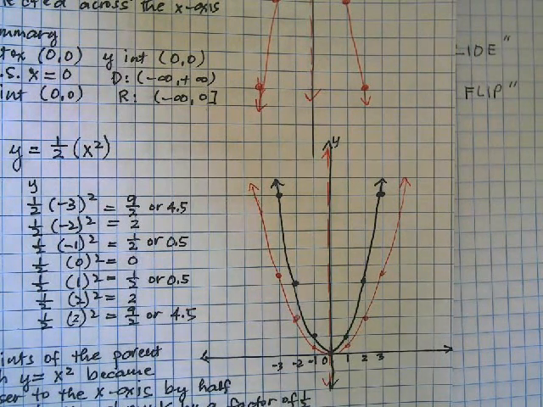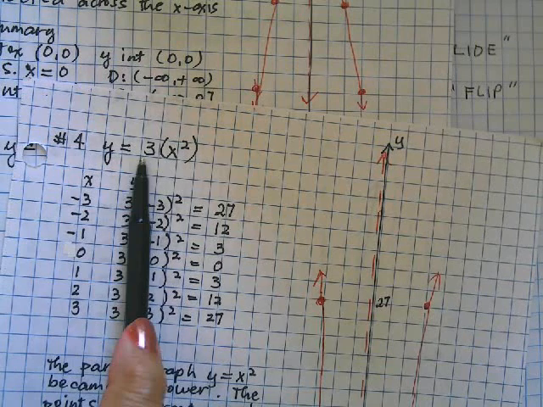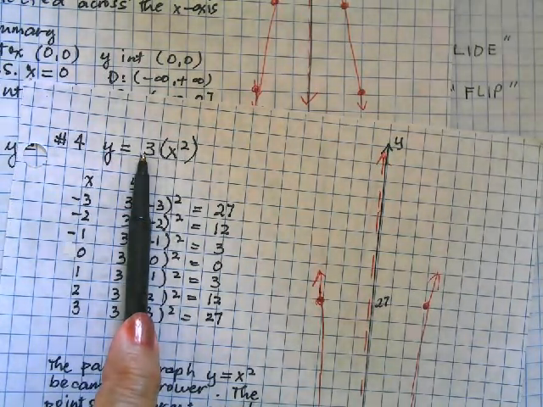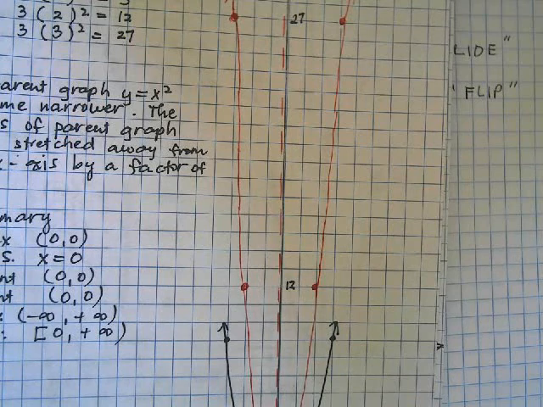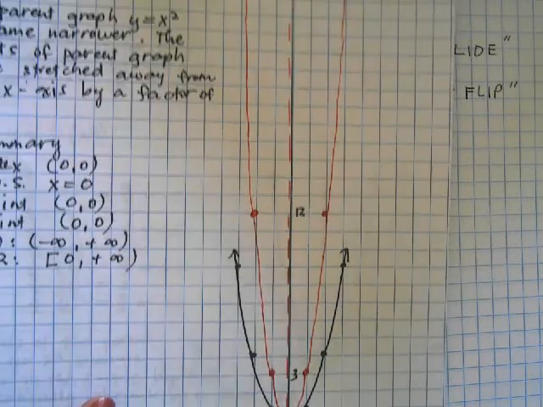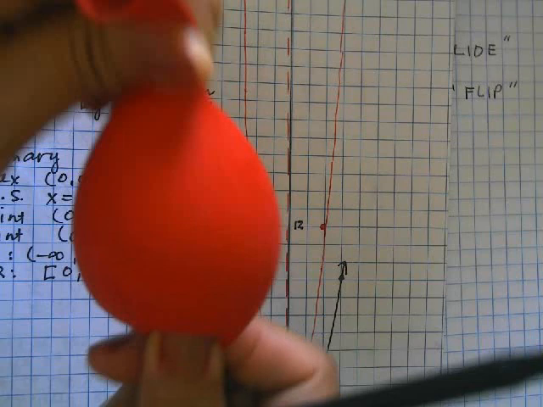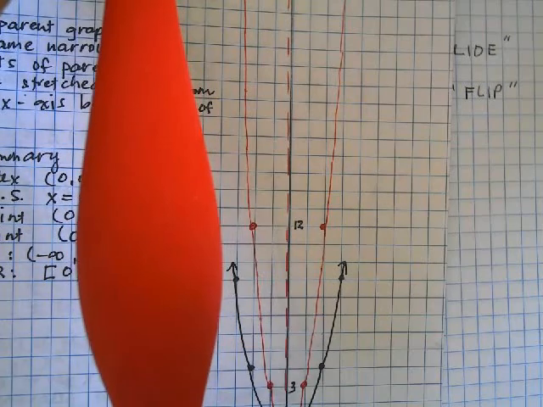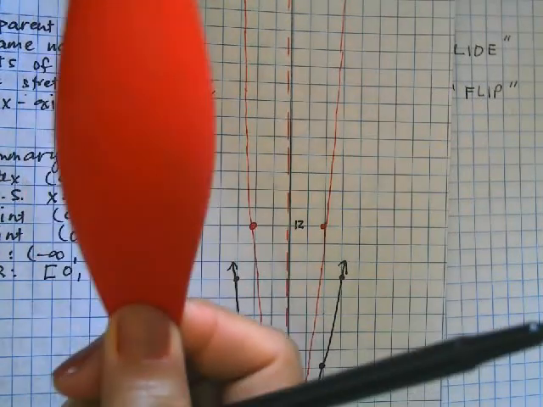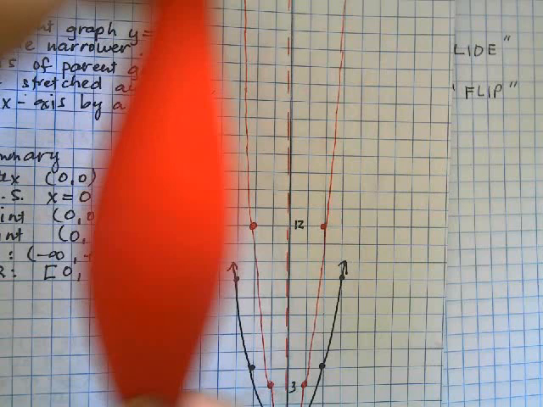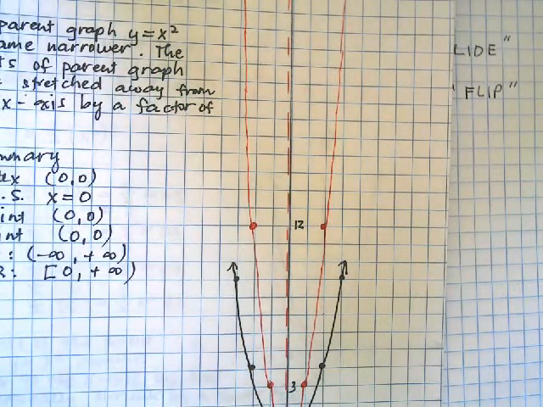But if it is bigger than 1, like 3, then that's a stretch. As you could see, our graph became skinnier, or it became narrower. When you stretch this, the shape becomes narrower than the original. So that is a vertical stretch.